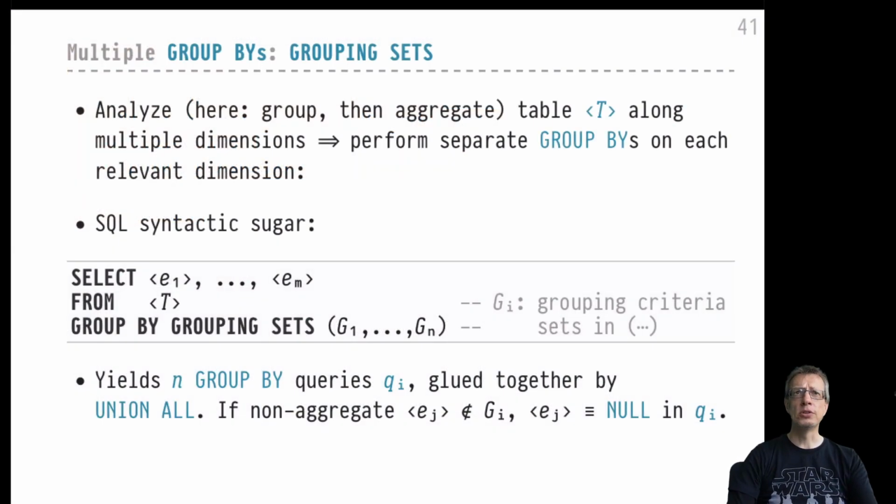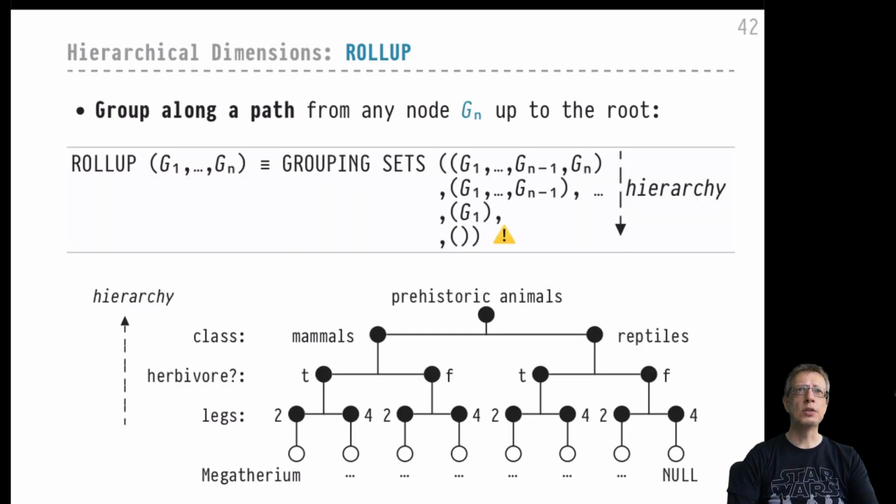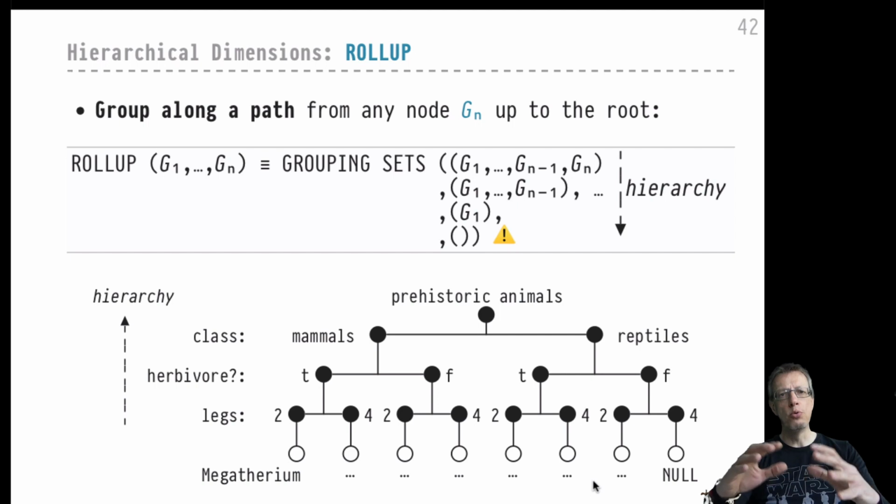There's even more syntactic sugar that saves us from specifying extensive group by queries that are all glued together with union all. And another such syntactic sugar is the rollup keyword. The rollup keyword is also used in place of the grouping criteria that you would normally specify after a group by. So the syntax would be group by rollup, and then a list of grouping sets in parentheses.